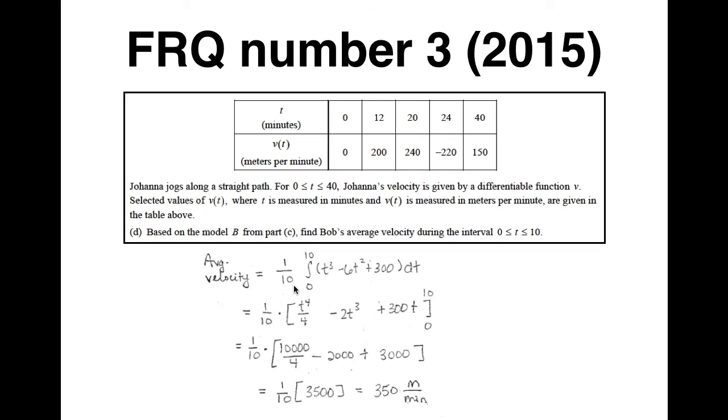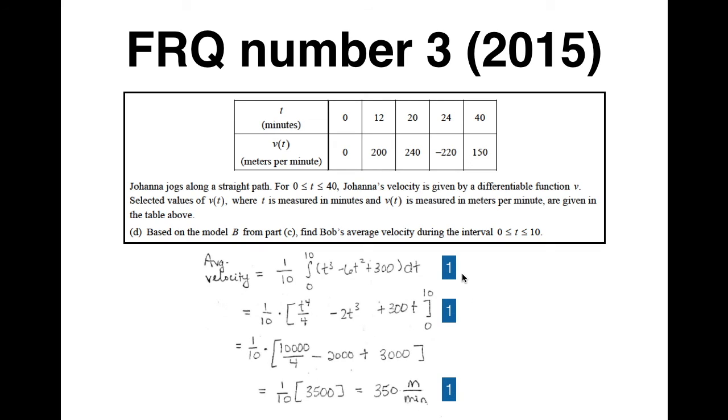Here it's 10 minus 0, so it's 10, times the integral of the function. It's a polynomial. The student here integrates the polynomial correctly, uses the fundamental theorem of calculus to substitute t equals 10 and t equals 0, simplifies, and finds that the average velocity was 350 meters per minute.